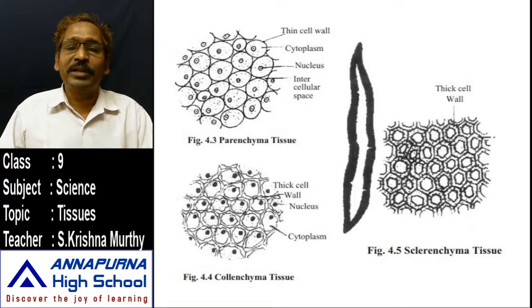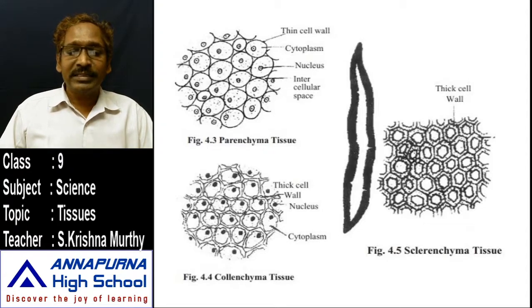Whether the cells are dead or living, to get food material they must absorb it by the diffusion process or osmosis process. So even though these are living or dead cells, they need some amount of food material. That food is present inside the cytoplasm as protoplasm.